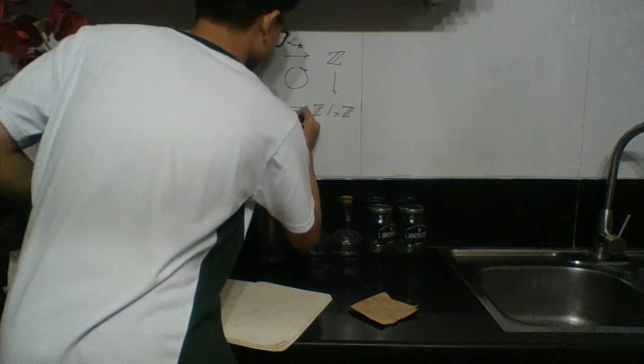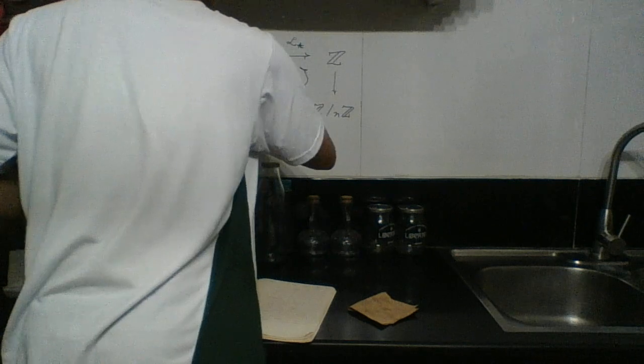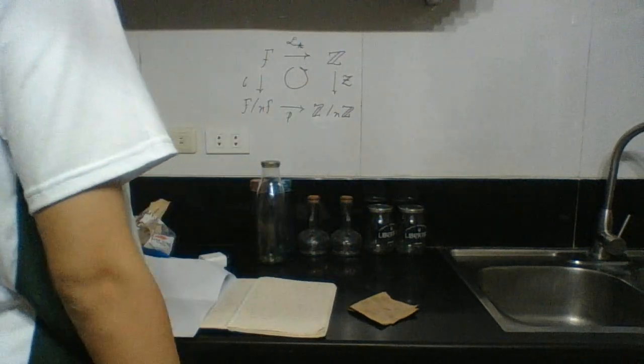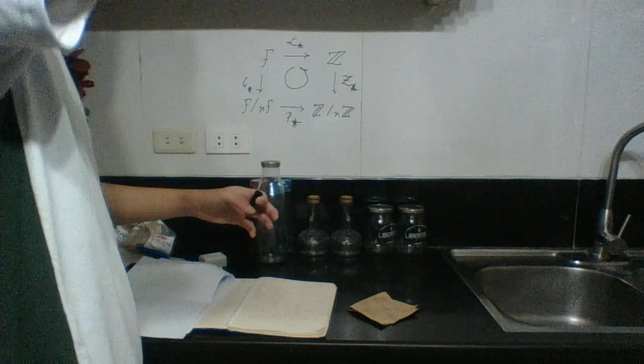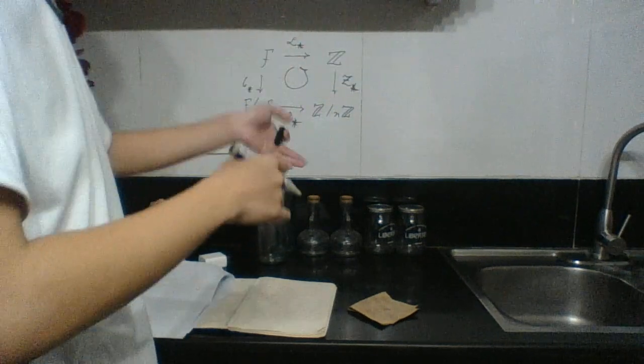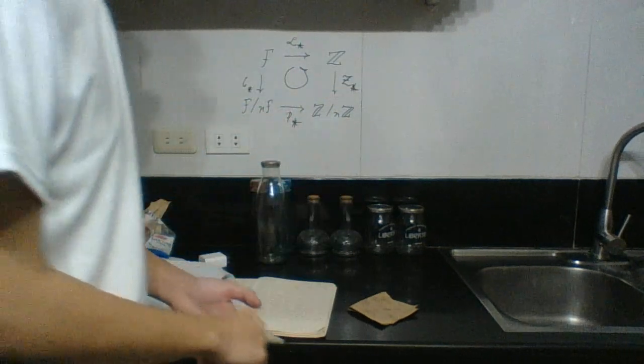So let's call this C, and then this is mathcal Z. Okay. And these are all star, obviously, because the actual mappings are homomorphisms, or isomorphisms, between the groups. So this commutative diagram implies this commutative diagram.